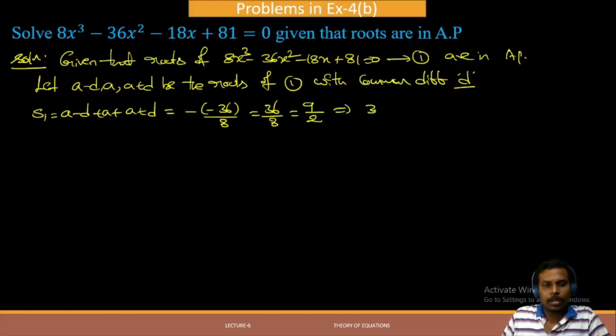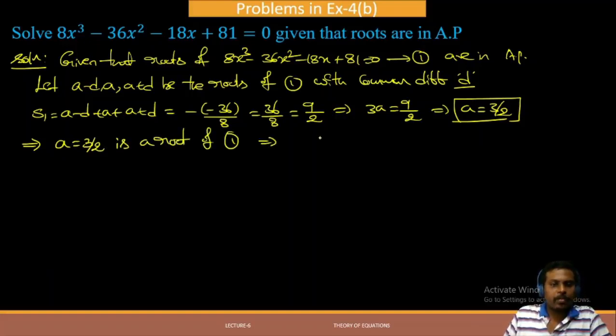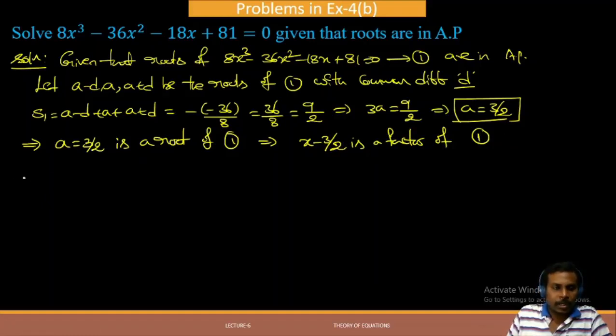So this implies 3a is equal to 9 by 2, implies a is equal to 3 by 2. So a is equal to 3 by 2 is a root of equation 1, implies x minus 3 by 2 is a factor of equation 1. Now let us factorize the equation using Horner's synthetic division.